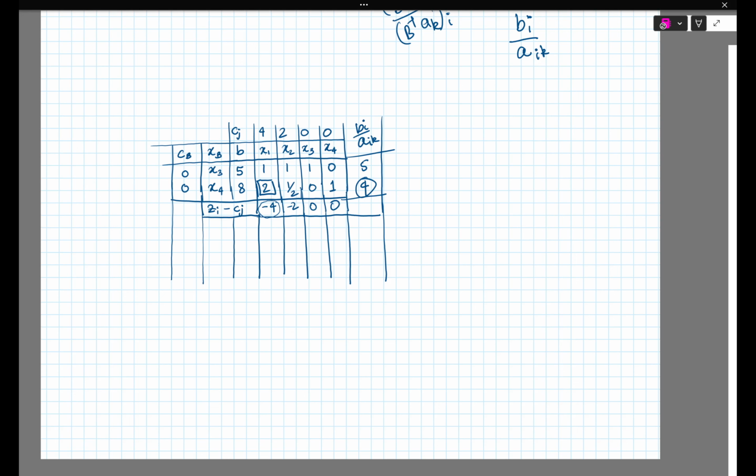Okay, so now our basic variables have changed. It is x3 and x1, right? So what do we do with this pivot?